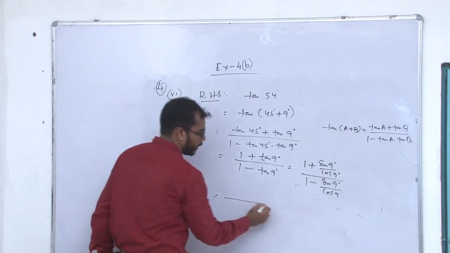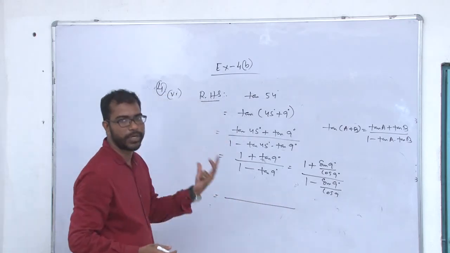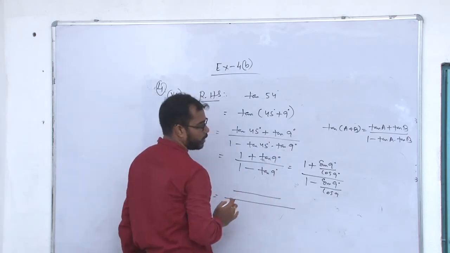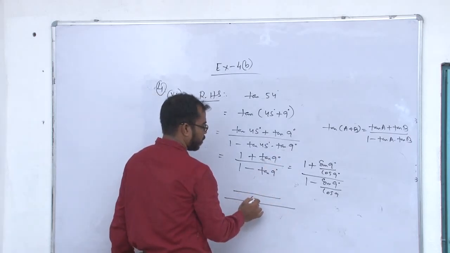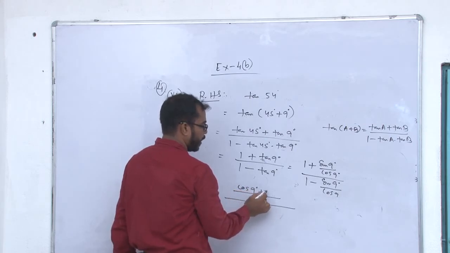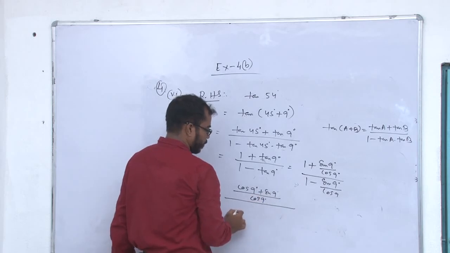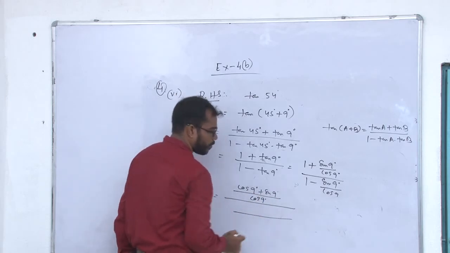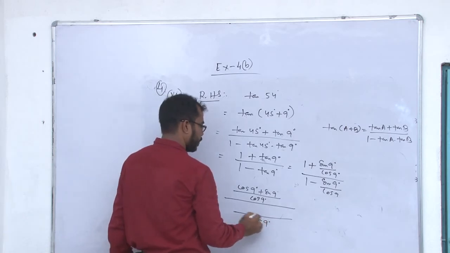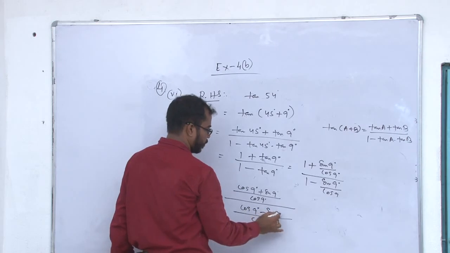Now we can take the LCM in both numerator and denominator. In the numerator the LCM is cos 9 degrees, giving cos 9 degrees plus sine 9 degrees. In the denominator the LCM is also cos 9 degrees, and the numerator will be cos 9 degrees minus sine 9 degrees.